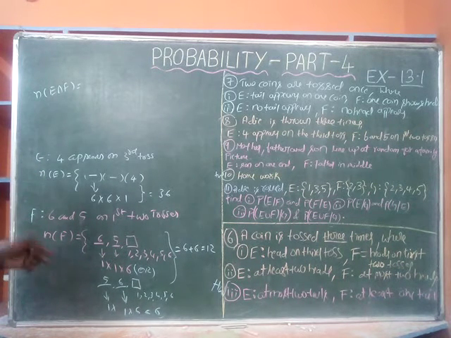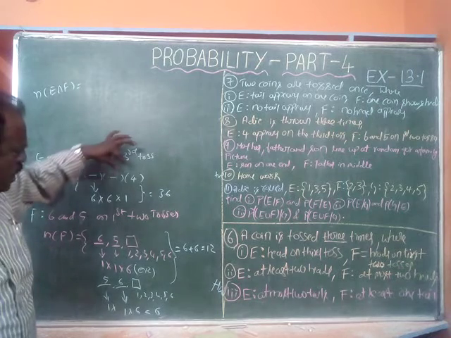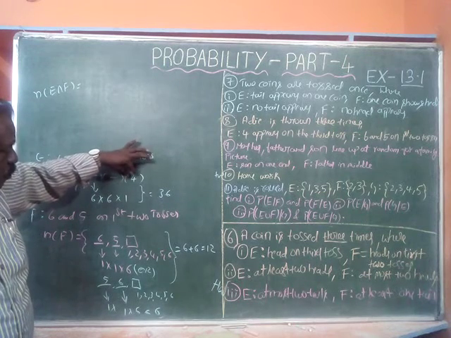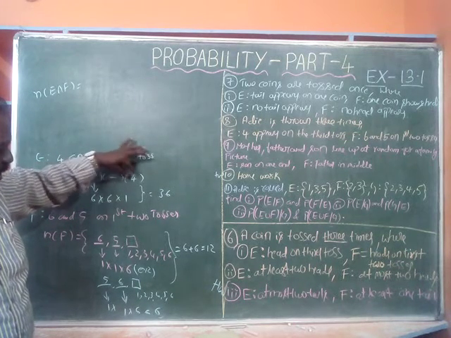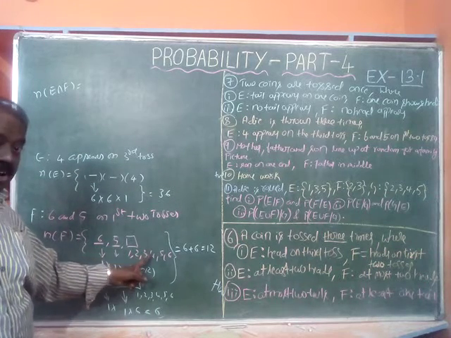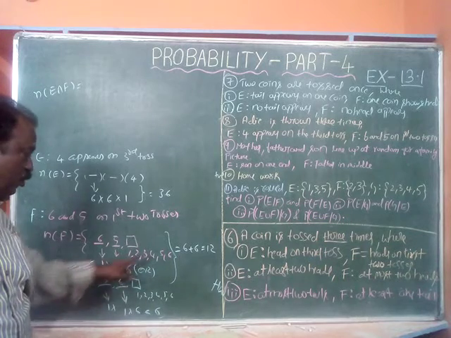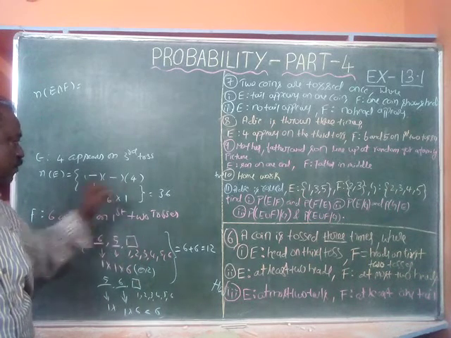F is known, we found n of F. The intersection part is there. What is the intersection part? You see that? You say E is related with the 4 on the third toss. That is important. F may be 4 also. That must be the common intersection.